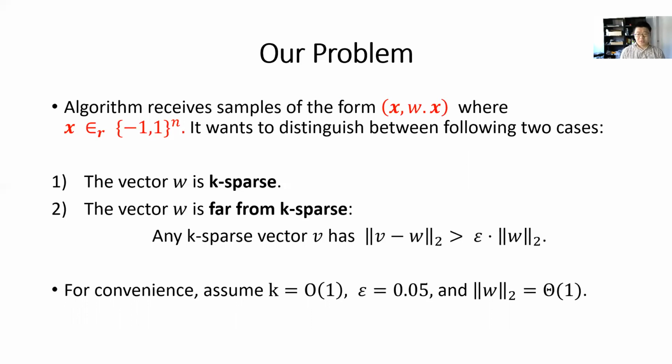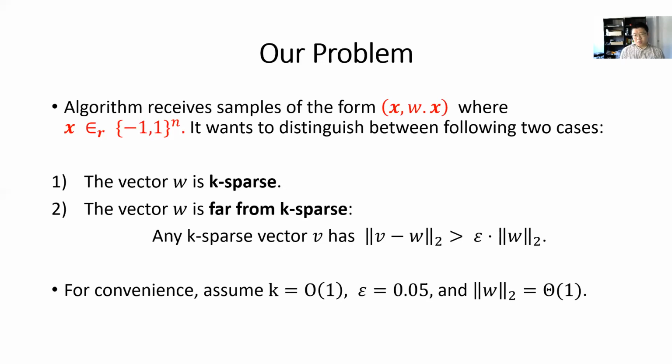There are several ways to define the distance between w and k-sparse vectors. In this talk, we just say for any k-sparse vector v, the relative distance between v and w is at least epsilon, that is epsilon times the L2 norm of w itself.